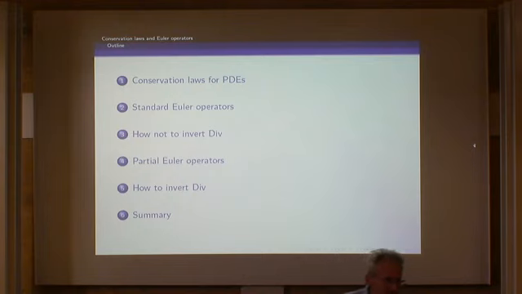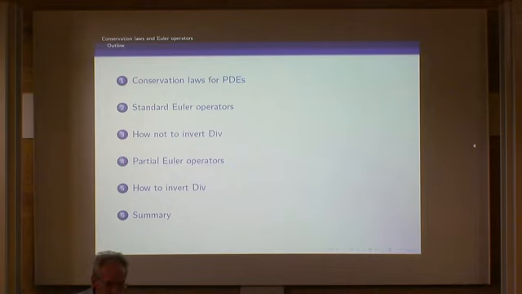And then, after a brief review of that and some of the things that Euler operators are useful for that people don't often think about, perhaps, I want to focus in on a question that really is at the heart of symbolic calculation of conservation laws. So Gianluca and I are working on trying to develop efficient symbolic means to construct bespoke finite difference methods that will preserve conservation laws.